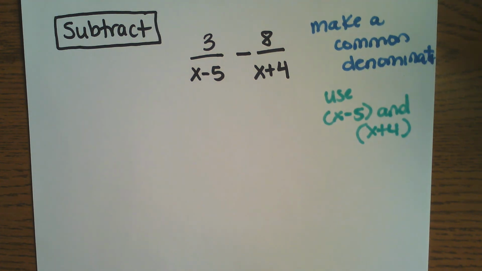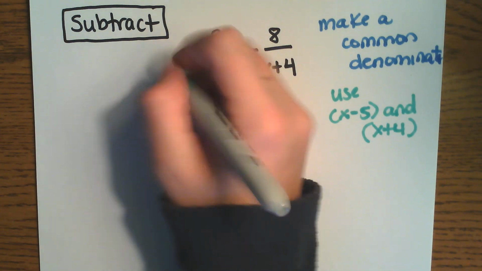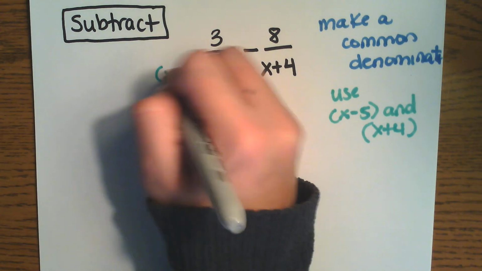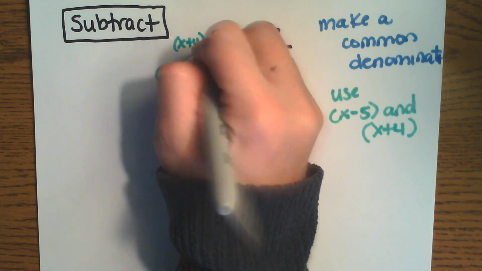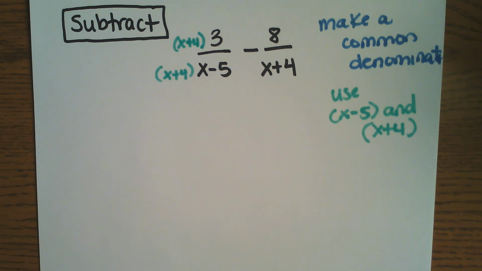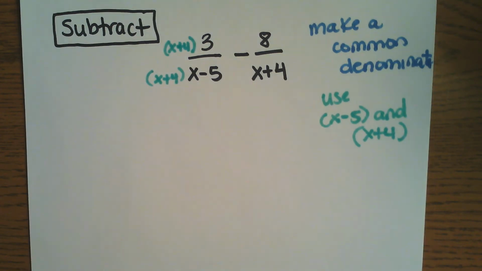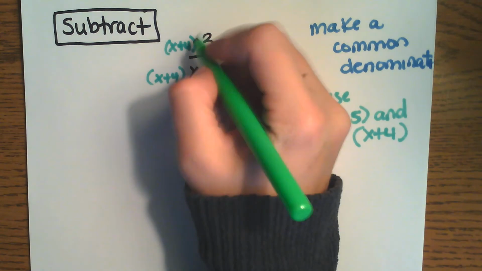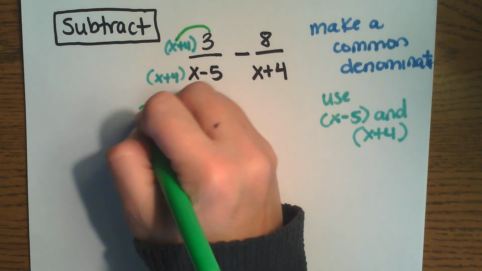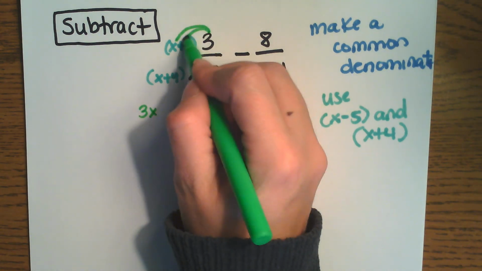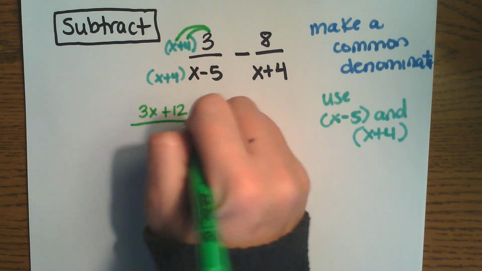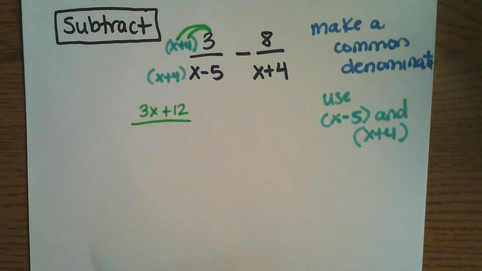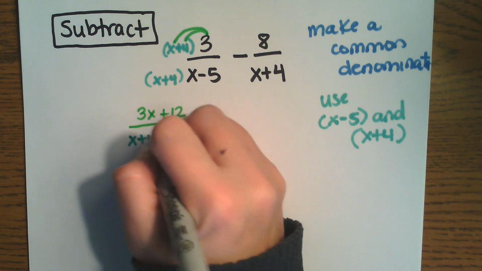I have to use the whole thing. So this side gets x plus 4. And I will distribute. So I get 3x plus 12 over x plus 4.